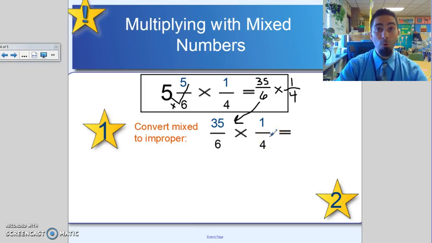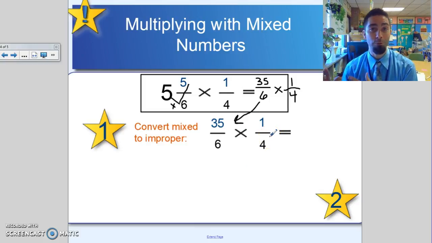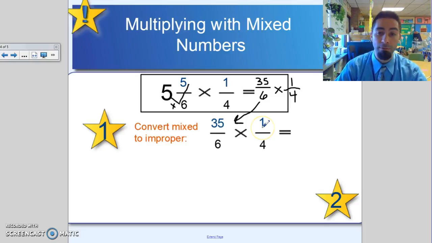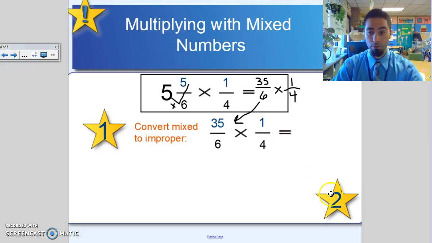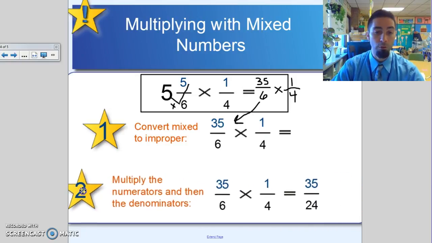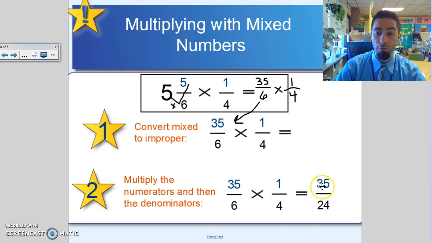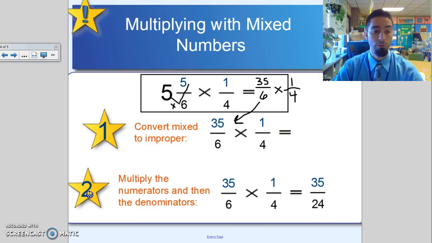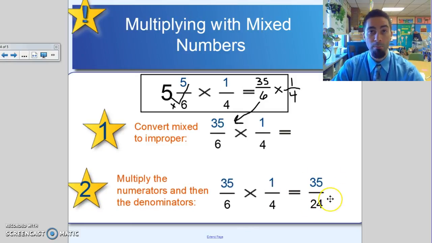And now we go back to the very first set of steps that I showed you with multiplying a fraction by a fraction, and now we just multiply straight across. So numerator times numerator, and then denominator times denominator. So that's the second step, is to multiply numerators and denominators. And so it would be 35 over 24. And once again, as you can see, this is an improper fraction.